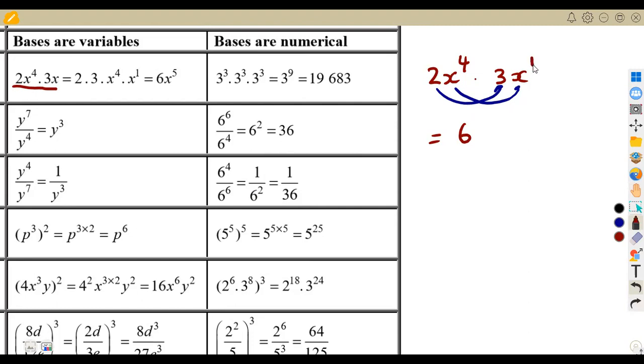Remember, if the exponent is not given, it means the exponent is 1.